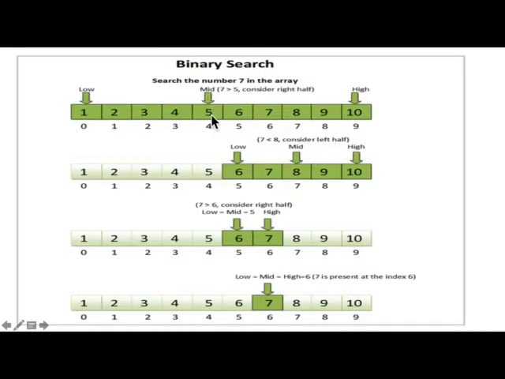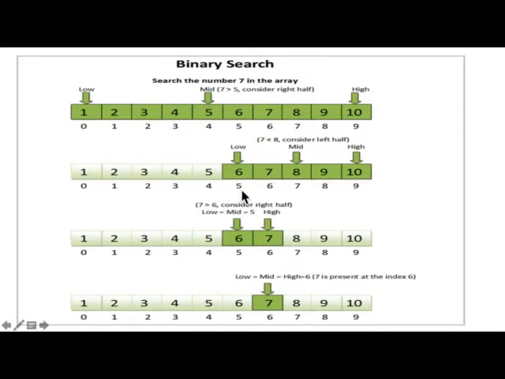So now you can see that value here is 5 and the key 7 is actually greater than 5. So I can reject the mid index value as well as everything before that. So I've discarded this much array, and then my low index becomes here at the index 5 or the value 6, and high index doesn't change so far.